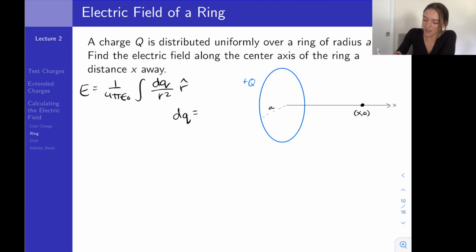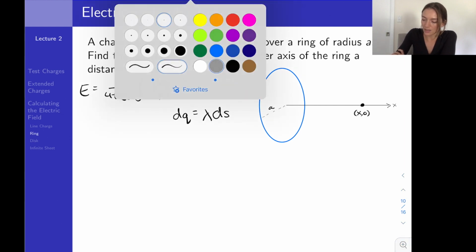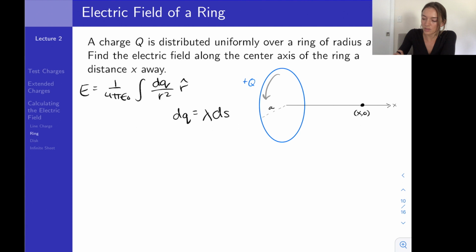So let's say lambda. And then how are we going to quantify the fact that it's in a circle? What we're going to do is integrate around the circle, and let's call that variable of integration ds. So we're just going to integrate in this direction around this circle, and we're going to call that variable of integration ds.